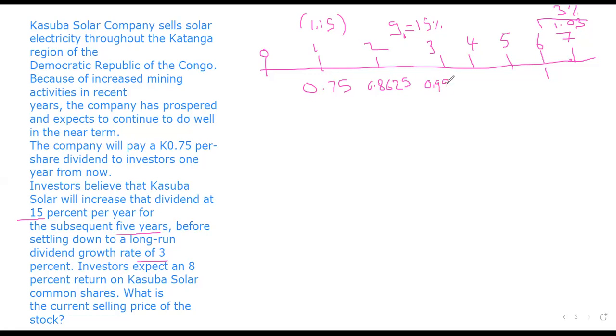And here? 1.099. Confirm, somebody audible. 1.14065.